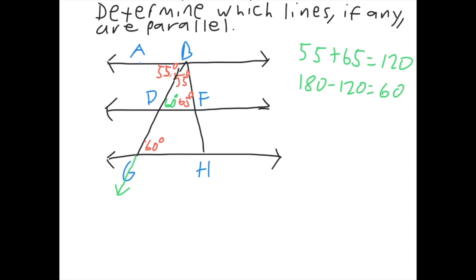So they're in the same spot in two different pictures. That means those two angles are corresponding angles. So we know that angle BDF is congruent to angle DGH, and that's because they are corresponding angles.